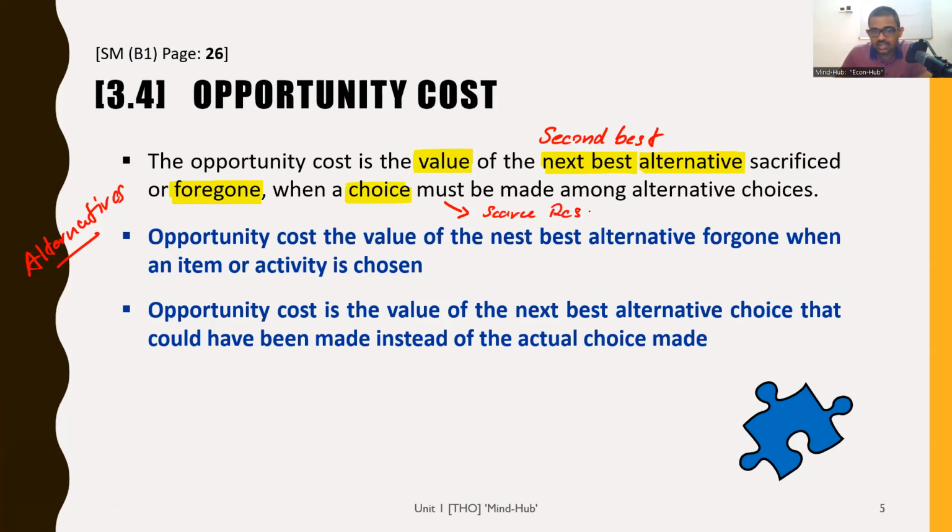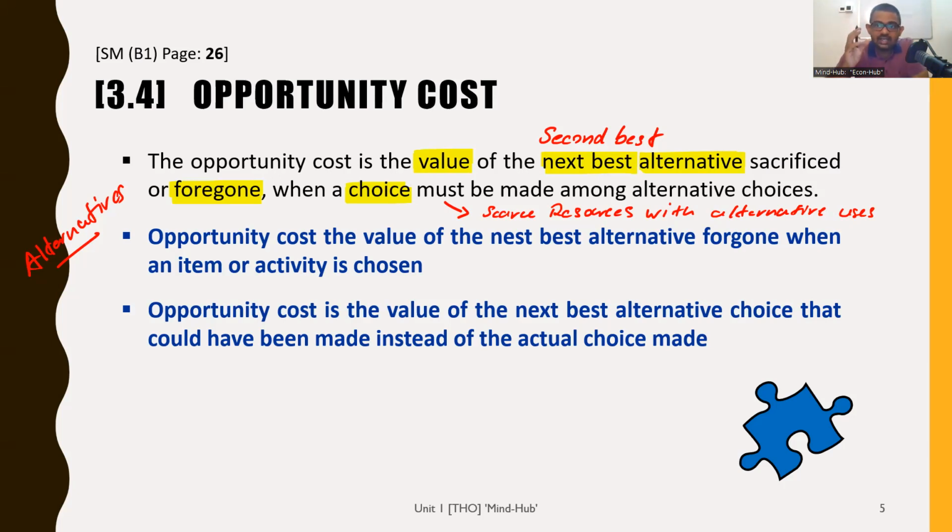Indirectly, it is telling us that we are making choices about scarce resources with alternative uses. Only when you have scarce resources with alternative uses does choice become unavoidable, a must, or we say we have an essential trade-off.